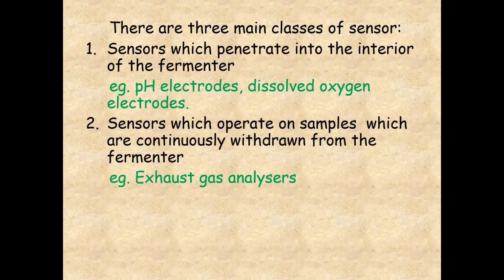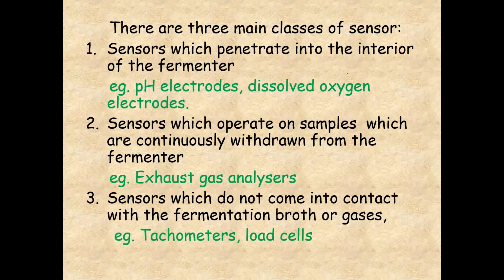Then there are sensors which are not inside the fermenter, but they operate on samples which are continuously coming out from the fermenter. Example, exhaust gas analyzers. Exhaust gas analyzers analyze the exhaust gas which is coming from the fermenter. And then there are sensors which do not come into contact with the fermentation broth or gases.